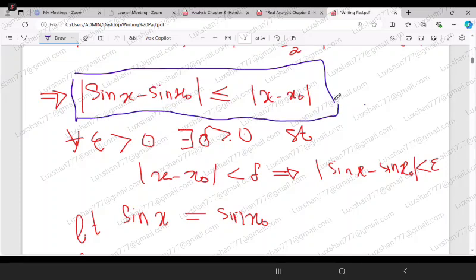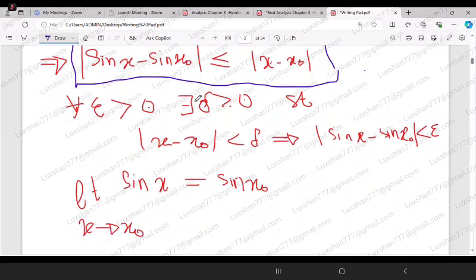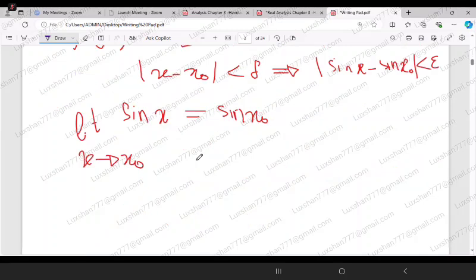If you choose delta as something, you can directly get this one, this is less than epsilon. So what is the suitable delta value? Can anybody tell me what is the suitable delta value now? From this one, you can easily identify the delta value.